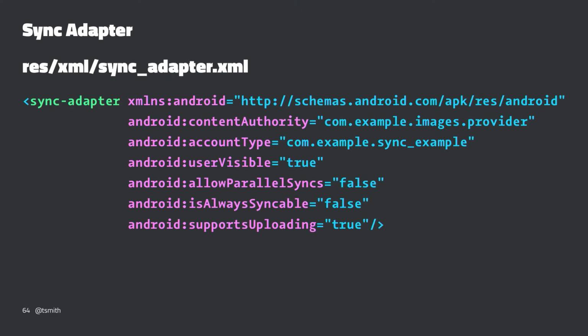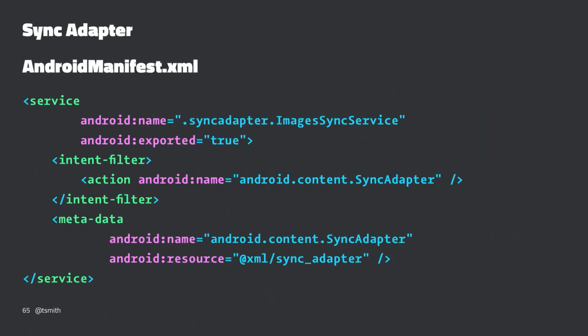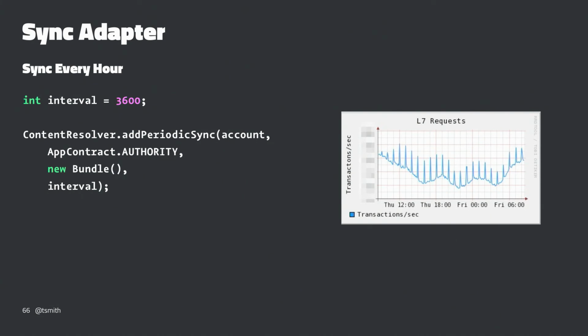This is why you had to have both implemented. We also define the account type that would be explicitly referenced in the get account. You can also have some other things like allowing parallel syncs if your code is smart enough to handle multiple accounts. To wrap it up, we just need to add the service to our Android manifest, and then be sure to include the metadata about the sync adapter that we just created.